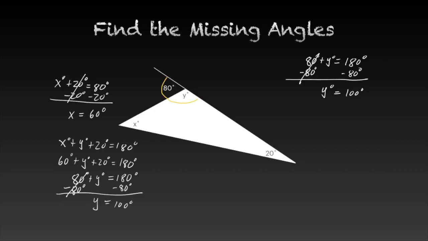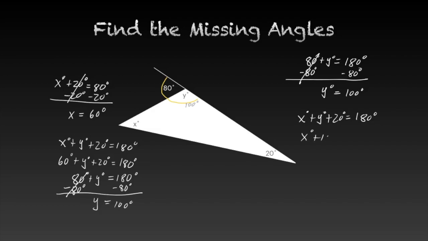So if we already know that y is equal to 100 degrees, again, we can put it right here. That's going to be 100 degrees. So what we can do is rewrite this as x plus y plus 20 is going to be equal to 180 degrees. You know the value of y, it's 100.